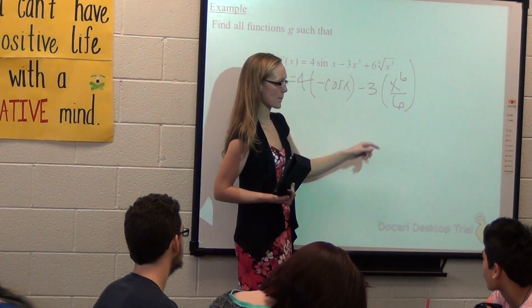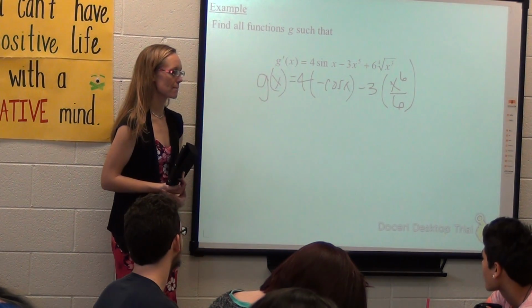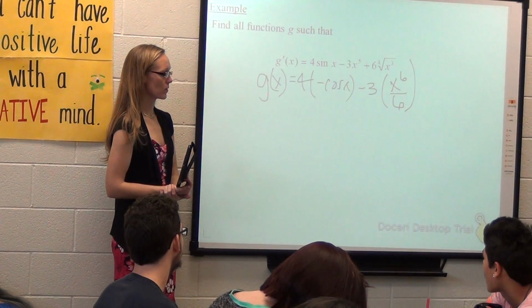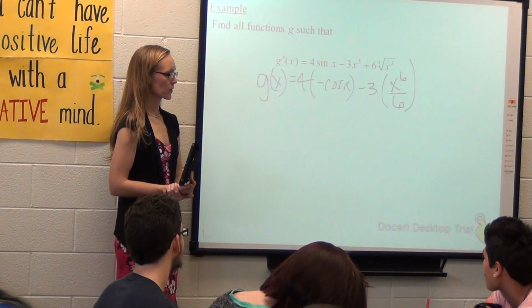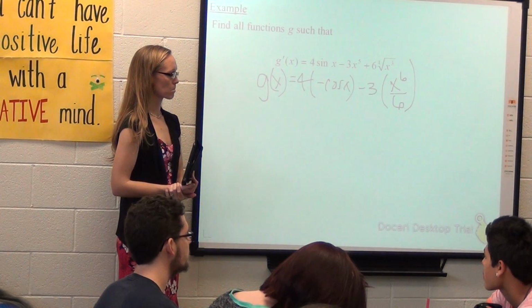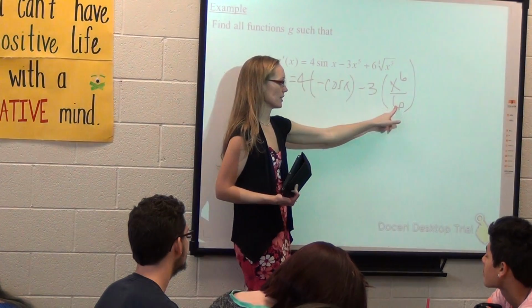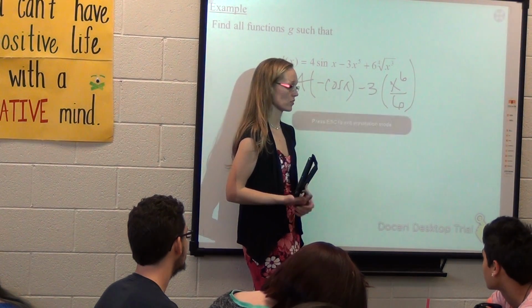But wouldn't there be a 6 in front of that? If you derive x to the power of 6, wouldn't you get a 6 in front? Which is why we divide by 6, because then those 6's will cancel out.